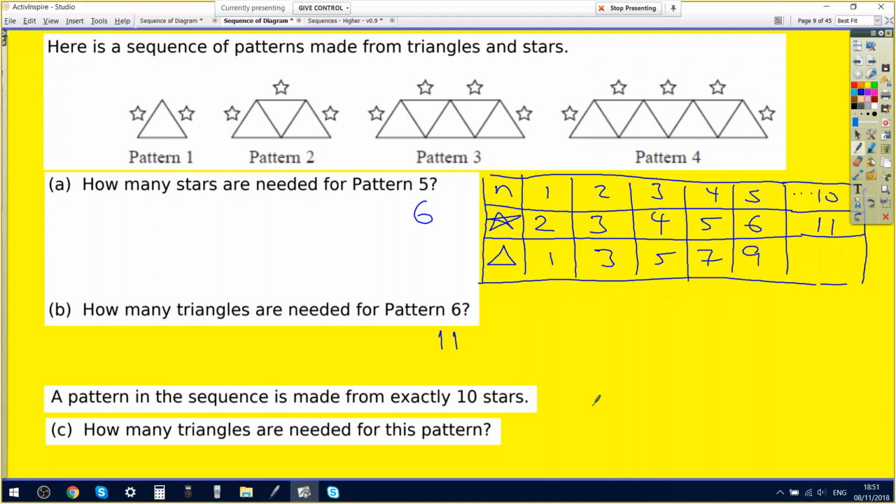Or what's the connection between the pattern number and the number of stars in the table? An extra one onto it. Yep. And so a pattern with 10 stars, what pattern number will that be?